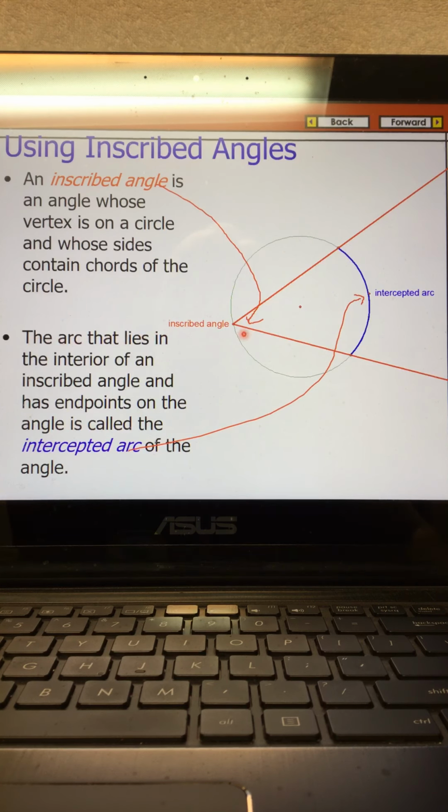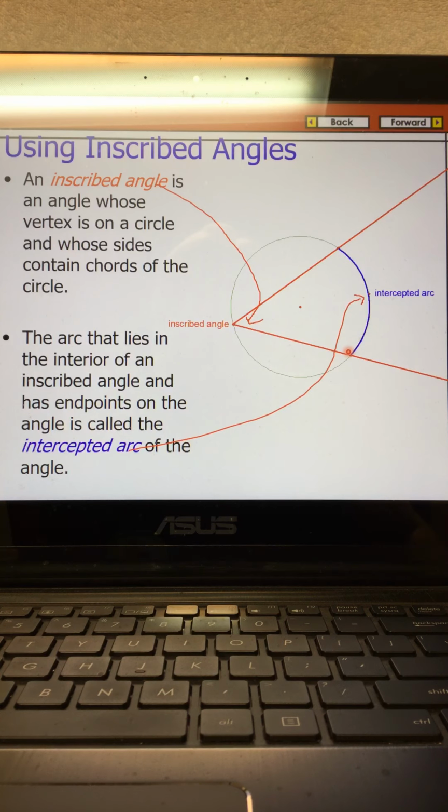Now, if you extend out your sides, right in here you are going to see an arc of the circle. The arc that lies in the interior of this angle and has its endpoints on the angle is called the intercepted arc. When you extend these sides, it's very clear that this part of the circle is lying on the interior of the angle.